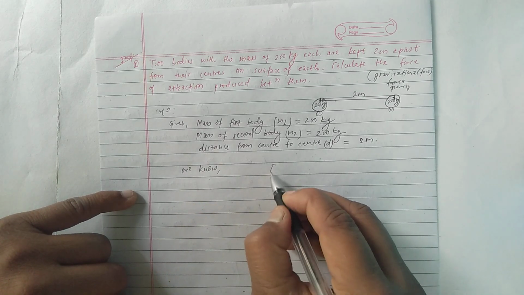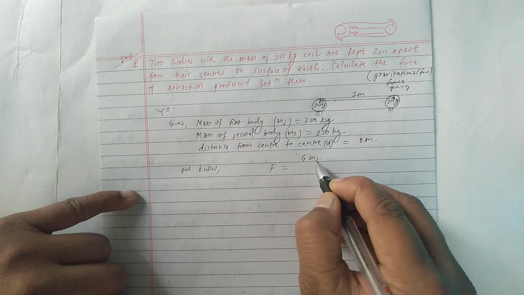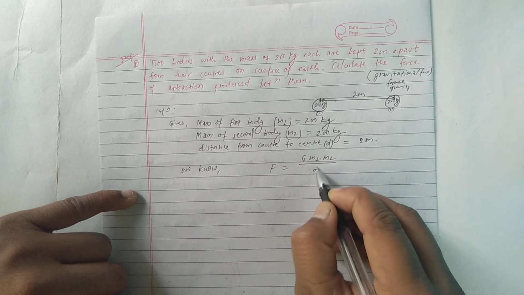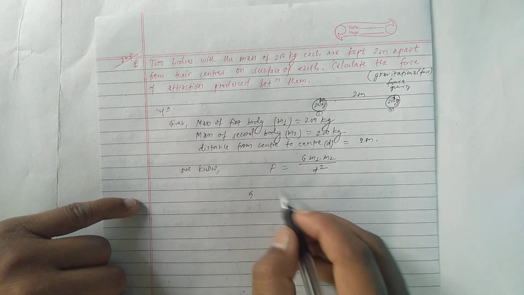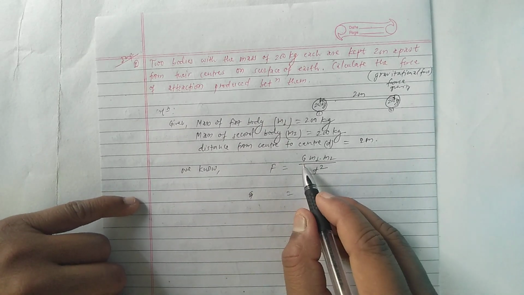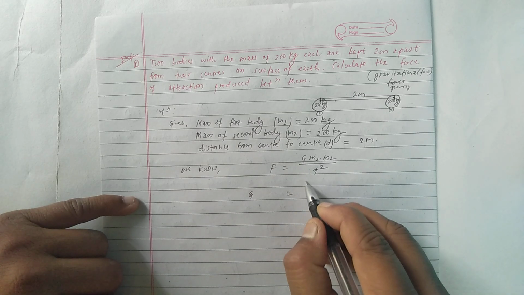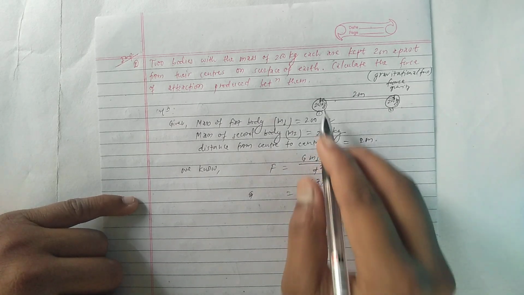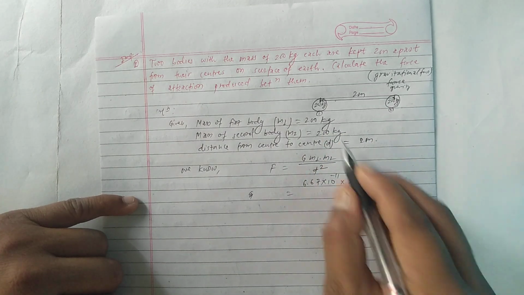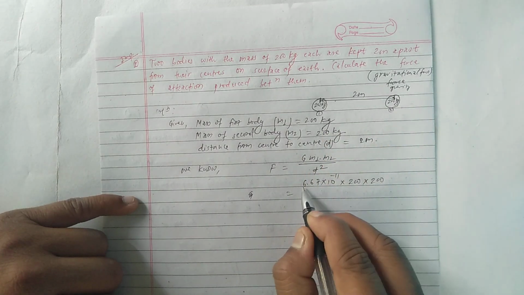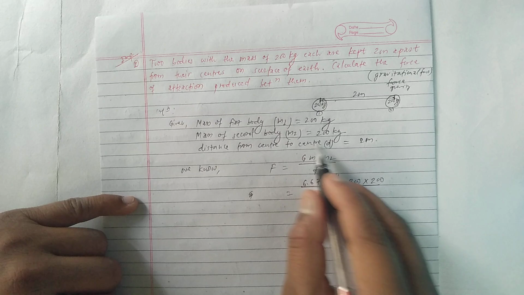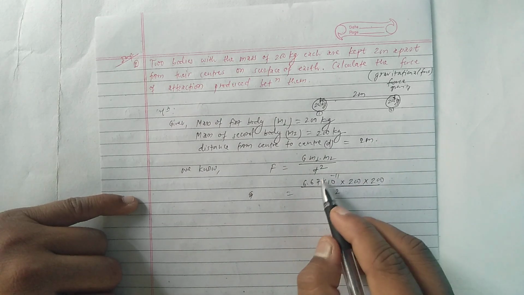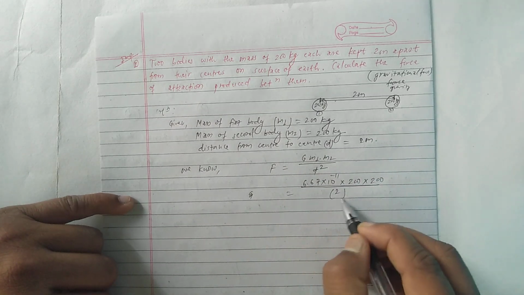We know the force of attraction F equal to G m1 m2 upon d square. The value of G is constant, that is 6.67 into 10 to the power minus 11. The mass m1 equal to 200 kg, m2 equal to 200 kg, upon d equal to 2, so d square means 2 square.